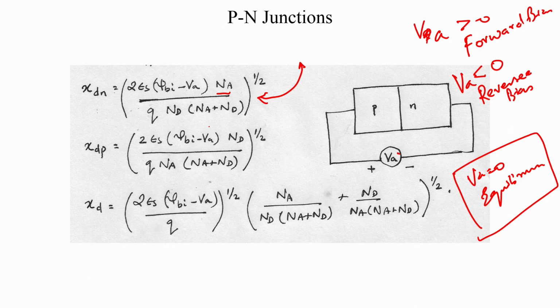But all the other terms are quite familiar. So just like in that case, you can take an intuitive leap by noting that your built-in potential term, instead of using the equilibrium value, we replace with phi bi minus Va in order to calculate your new xdn, your new xdp and your new xd.